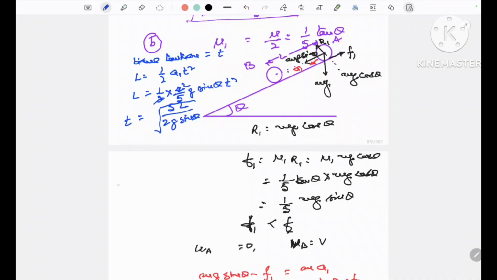Torque about the center of the sphere, tau, is F1 into R, and this will be equal to I alpha.